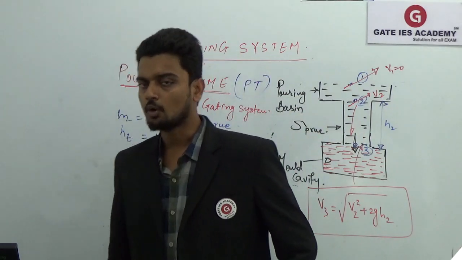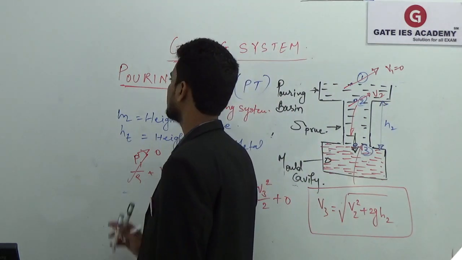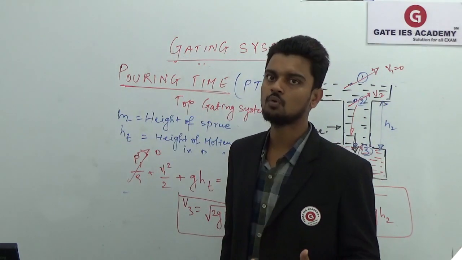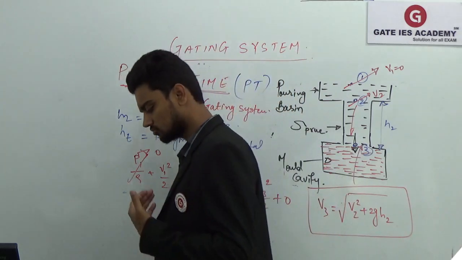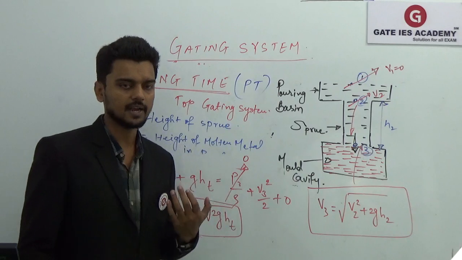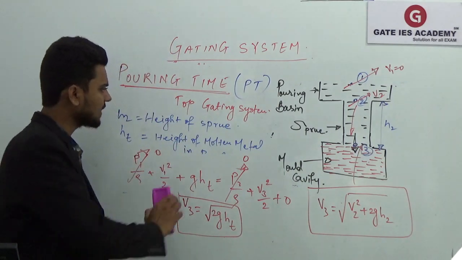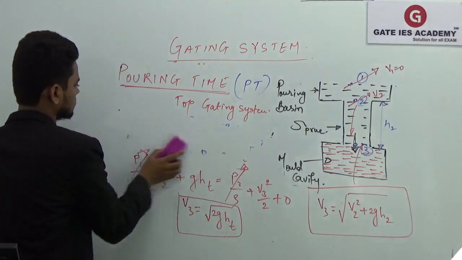Okay. Now once we know the velocity, our next job is to find out the pouring time. Time taken by the gating system to fill that cavity. Yes. So time taken is simple.